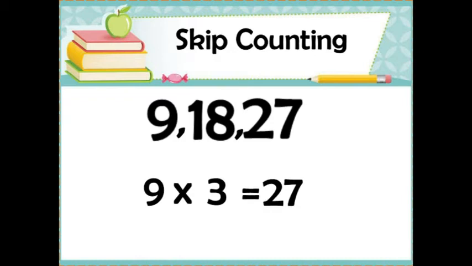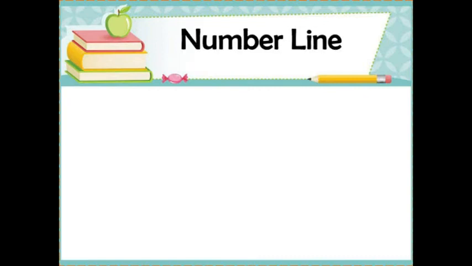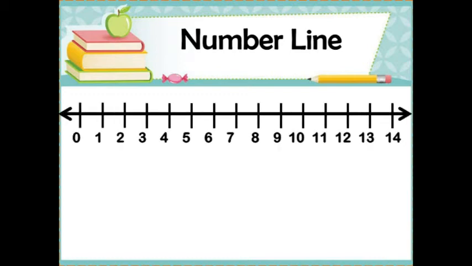So now, multiplication can also be shown as equal jumps on the number line. So equal jumps on the number line. I have here a number line with numbers and curved lines which represent the jumps.